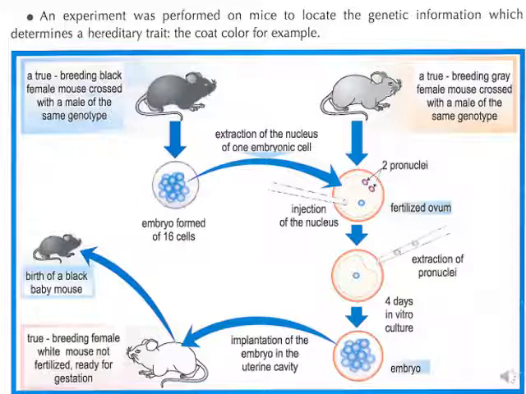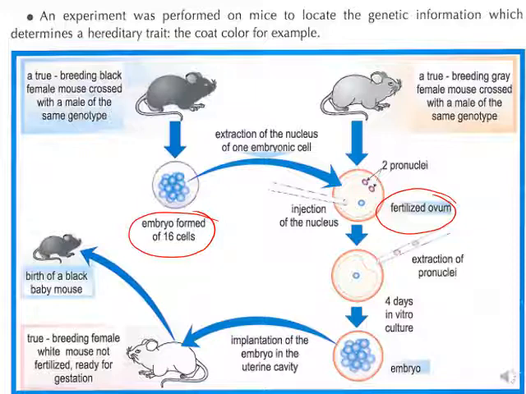Then from the true breeding black female mouse crossed with the male of the same genotype, an embryo of 16 cells is taken. Then the nucleus of one of these embryonic cells is extracted and injected into a fertilized ovum that is taken from where? From a true breeding gray female mouse, which is crossed with a male of the same genotype.